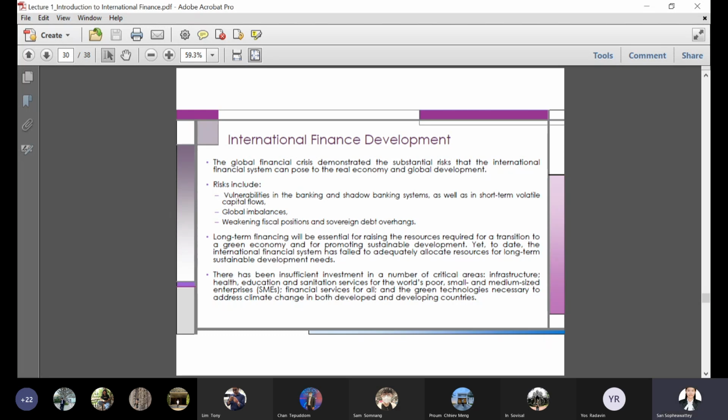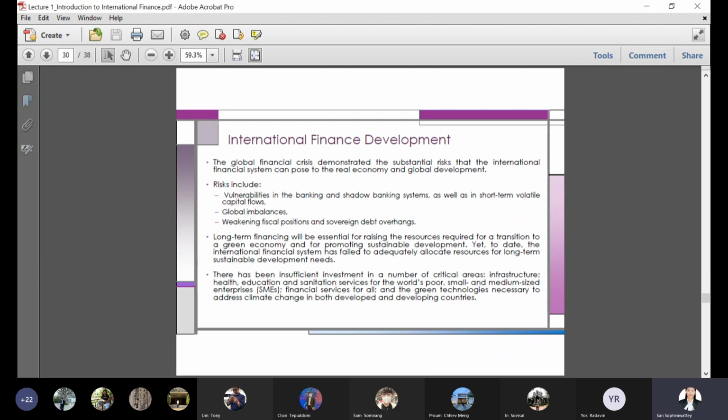But after the GFC, it shows us that international finance or the financial systems can pose a risk to the real economies as well as the whole global developments, because before that we didn't know that there is a linkage between the macroeconomic and the financial systems.